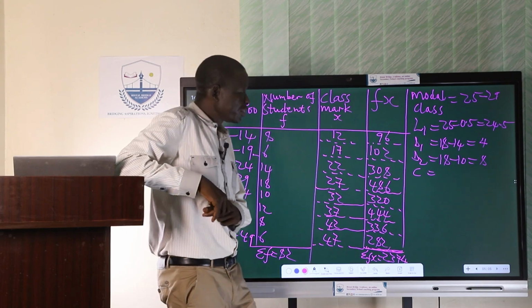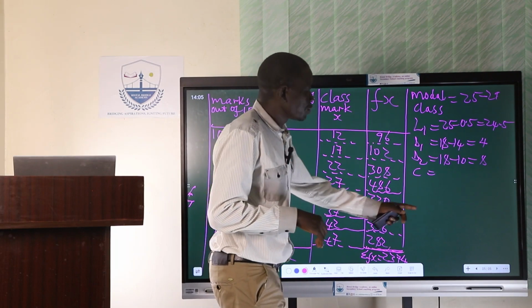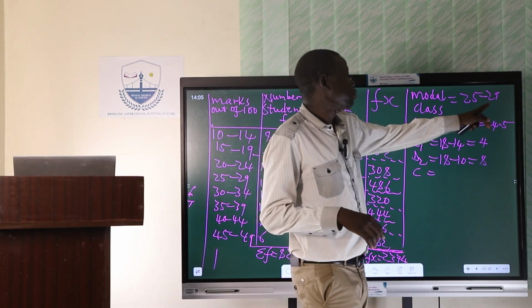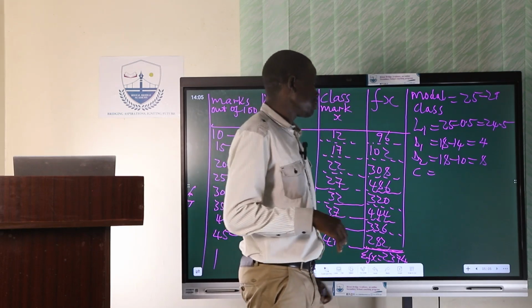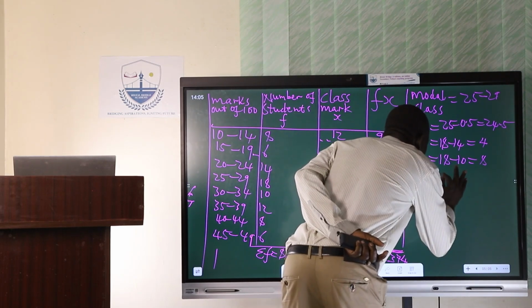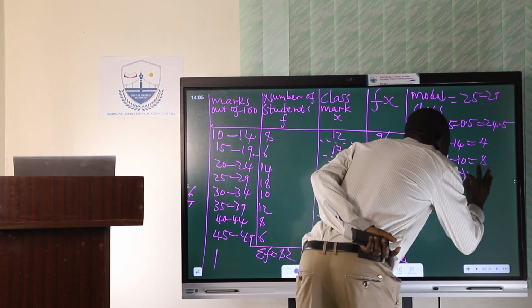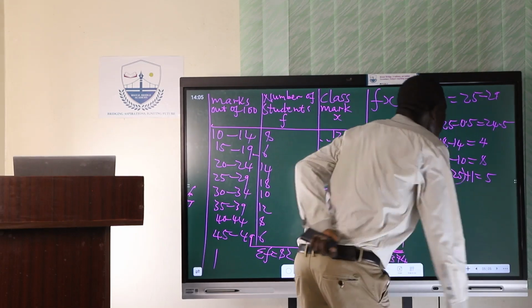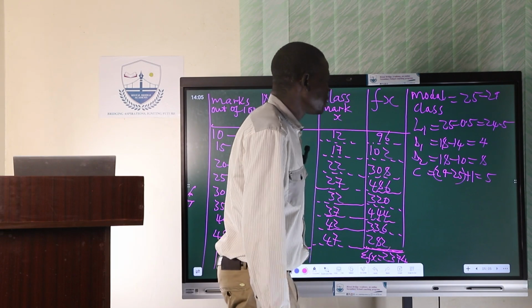So in this case, our class interval is 29 minus 25 plus 1, which is equal to 5. So the class interval is equal to 5.